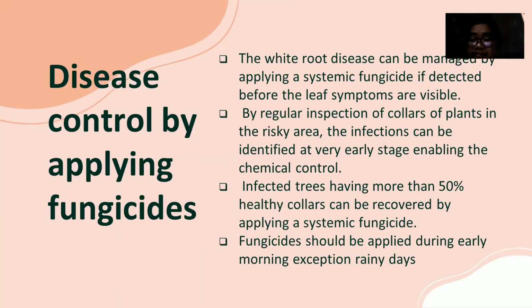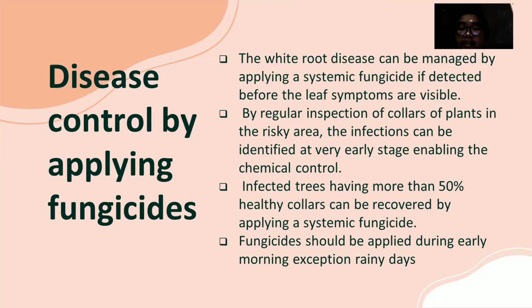Right. So we go to the disease control by applying fungicide. Okay. So the white root disease can be diminished by applying a systemic fungicide if detected before the leaf symptoms are visible.